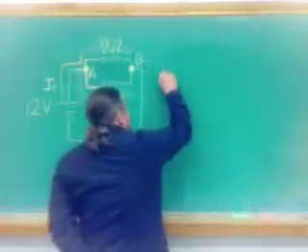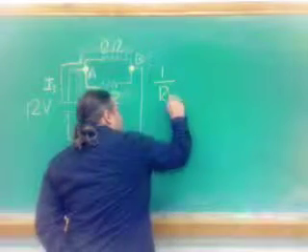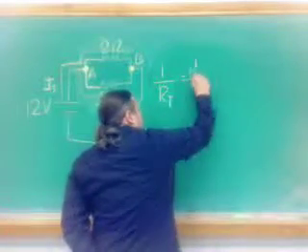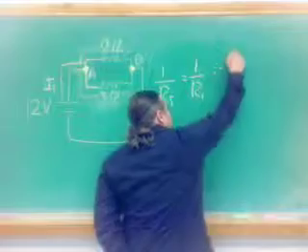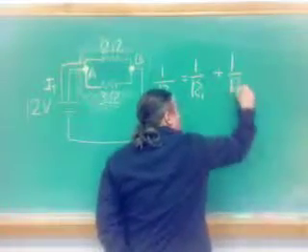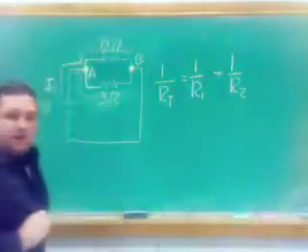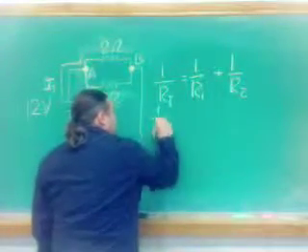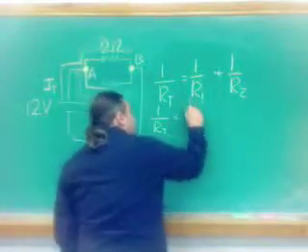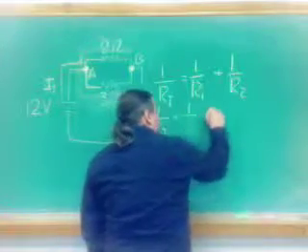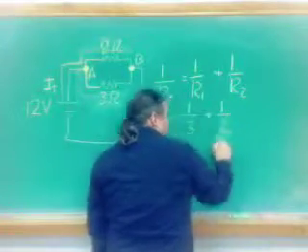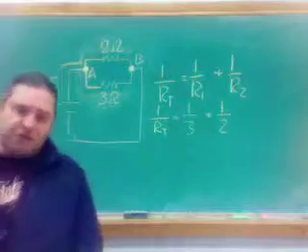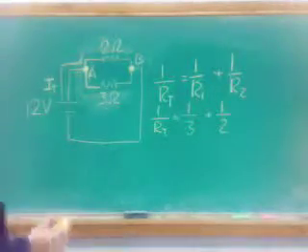Well, the total resistance, from a previous video, is this equation. Okay? Plugging in my values for R1 and R2, I'm left with the total resistance is equal to 1 over 3 plus 1 over 2. The least common denominator for 1 over 3 and 1 over 2 is going to be 6.